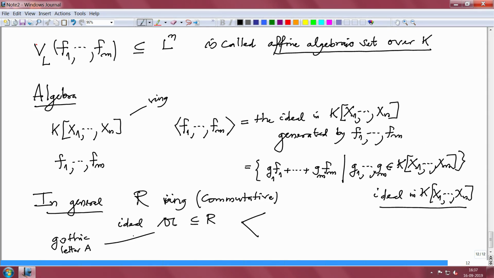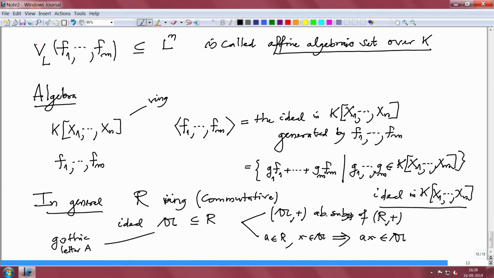So, what is an ideal? First of all, under addition, it is an abelian subgroup of R plus, and it has the property that if I take any element a in R and any element x in the ideal, then a times x should be in the ideal.